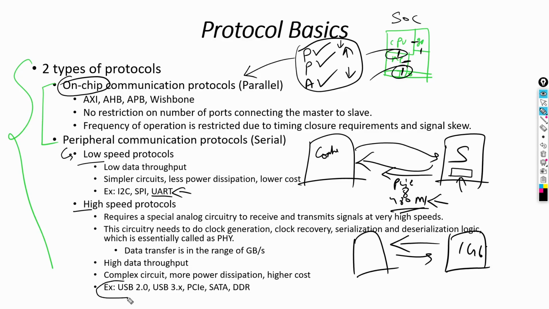Now in between this PCI, SATA, DDR, USB, why USB? USB is hot pluggable. That is the major difference between USB and PCIe. For PCIe you connect GPUs.